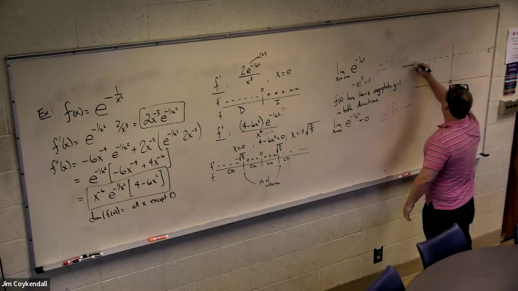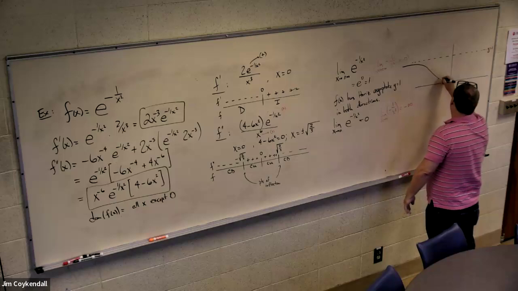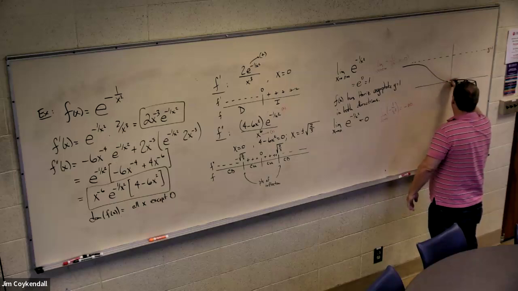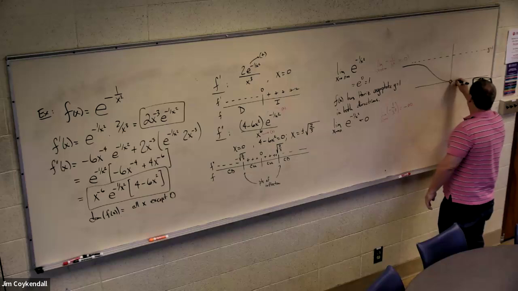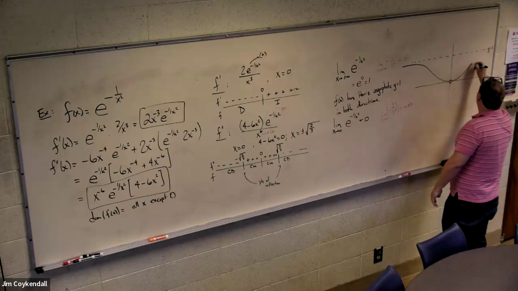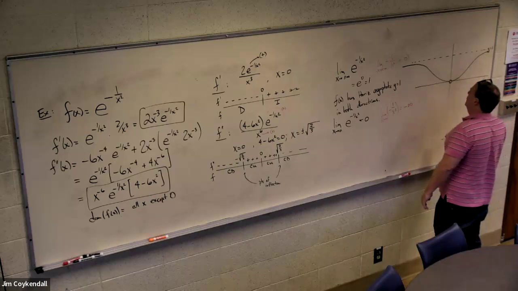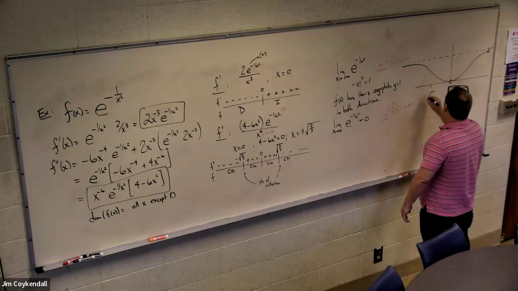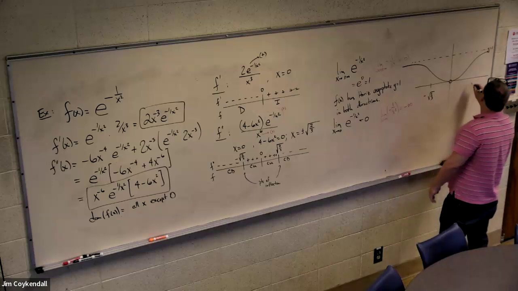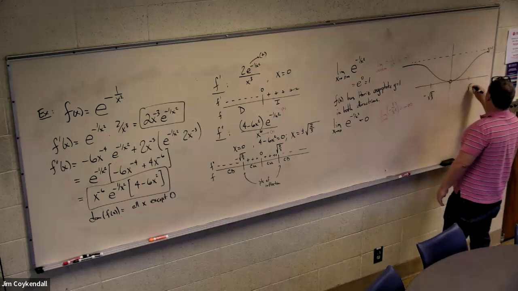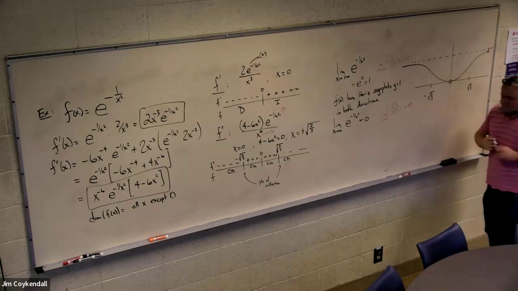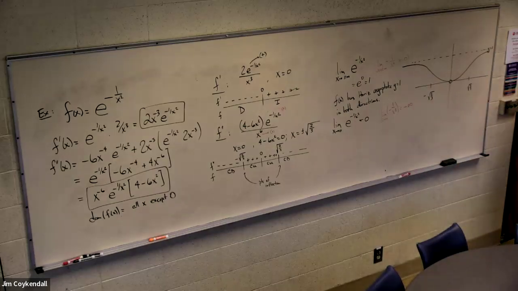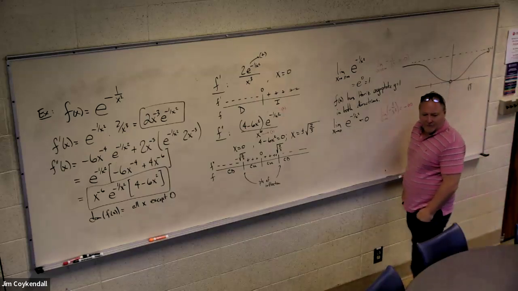So it should look something like this. Wherever this concavity change is, that's an inflection point. Any questions?